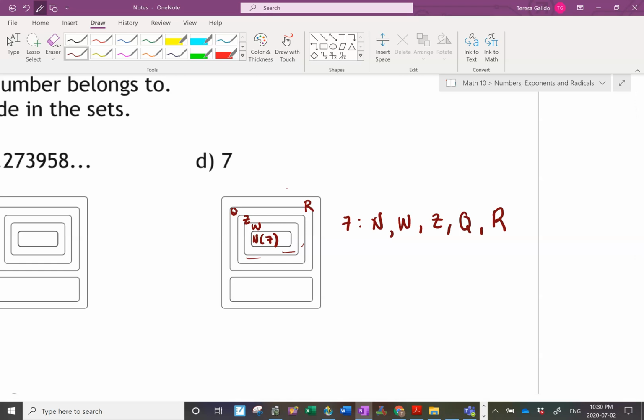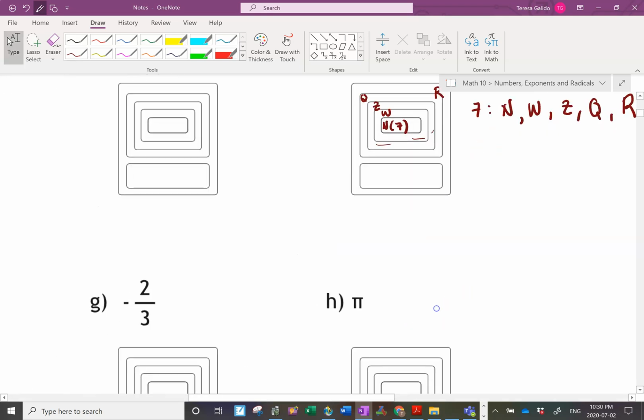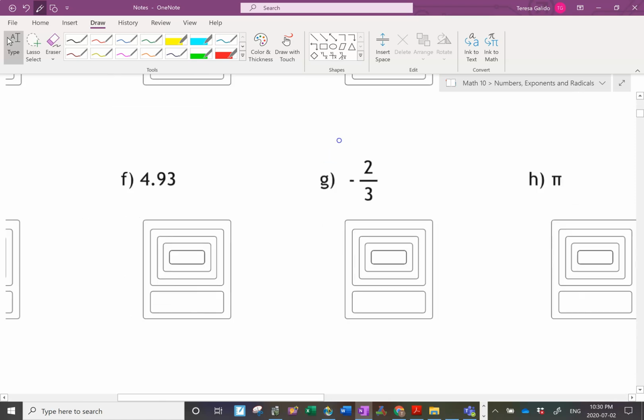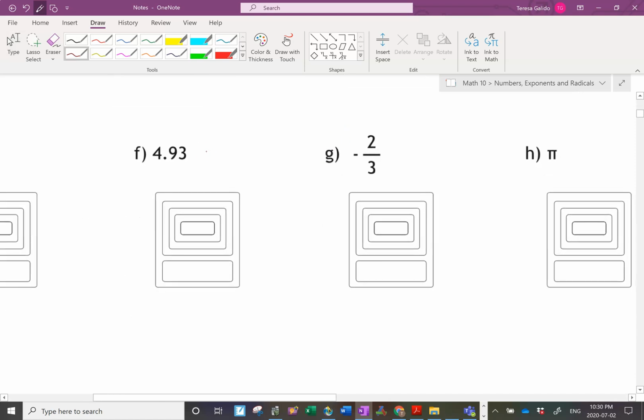Okay, so let's do one more thing. Let's have 4.93. Well, 4.93 is actually the same as 4 and 93 over 100. So it's not a natural number. It's not a whole number. Is it an integer? Not an integer, but it's actually a rational number.